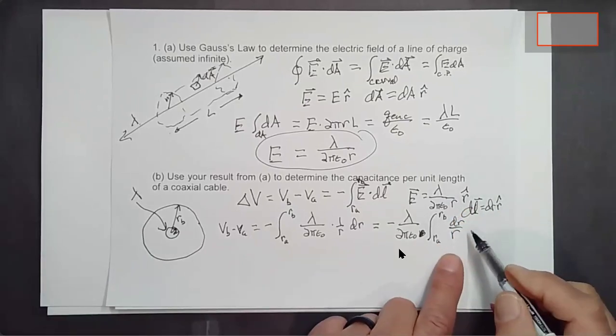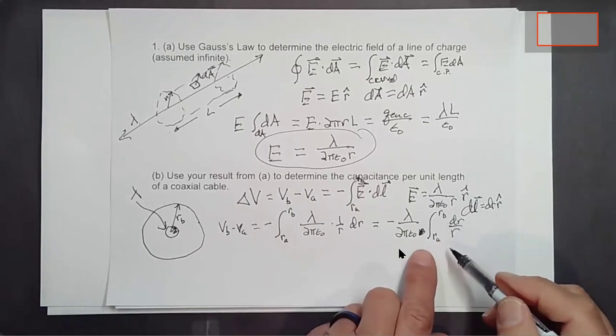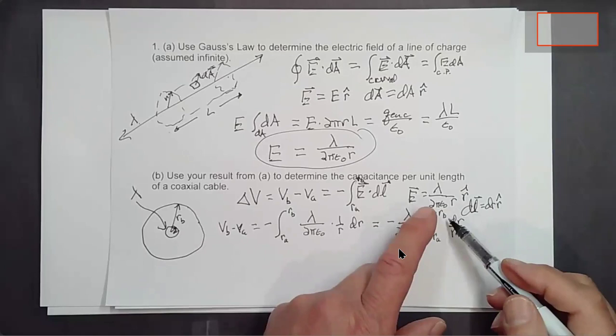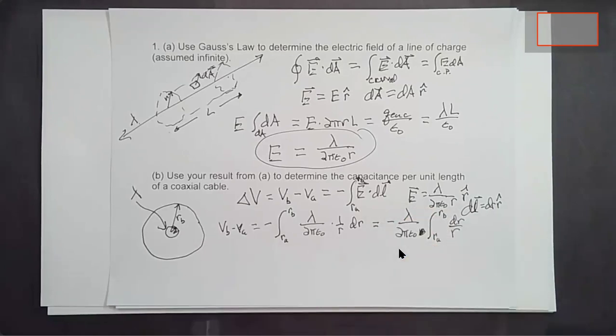And you should know that's just the natural log of r evaluated at these two points, which will be natural log of r_b minus natural log of r_a, which is the natural log of r_b over r_a.